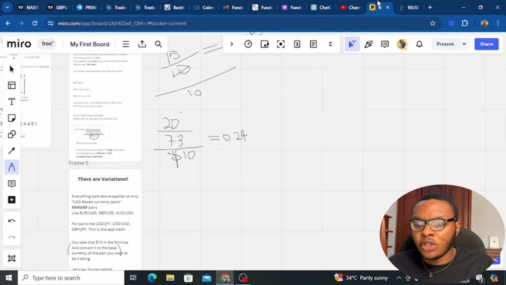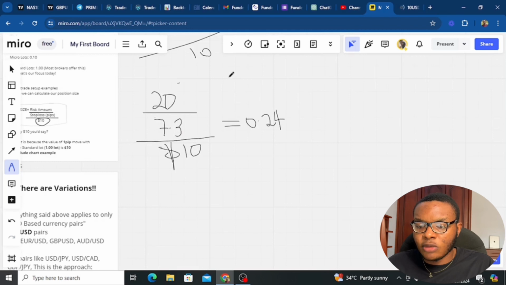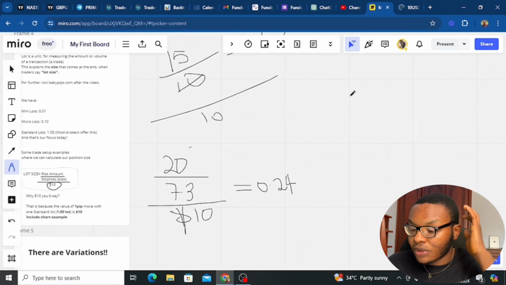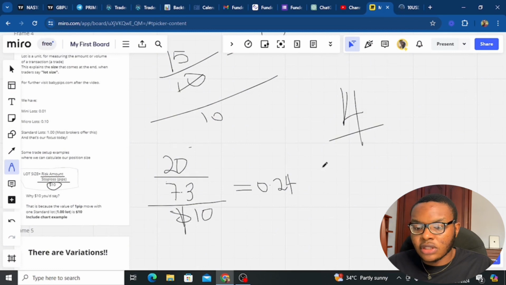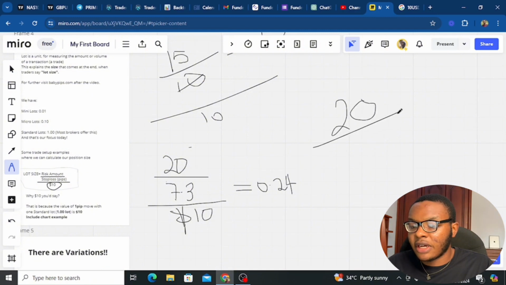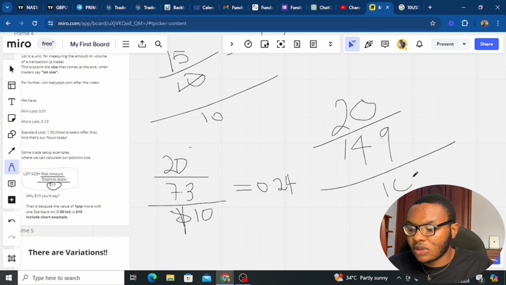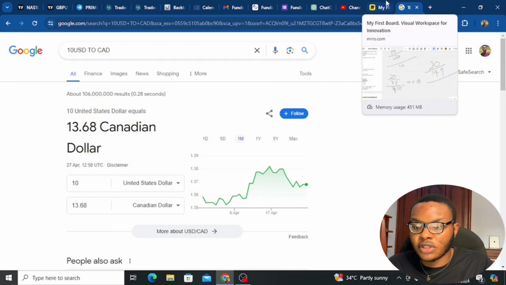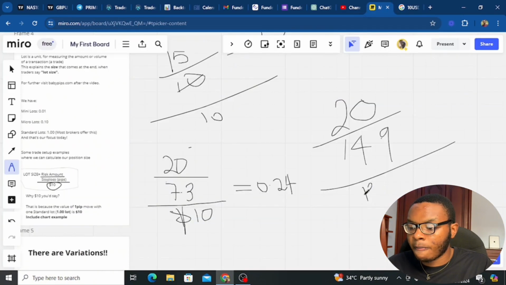So in your own equation, you're now going to be doing, we had a 14 point stop, no, not 14 now, you're risking $20, and then you're going to be dividing that by your stop loss pips now, which is 14.9 points. Okay, and then instead of dividing by $10 now, you're dividing by what they said the conversion rate is, 13.69.